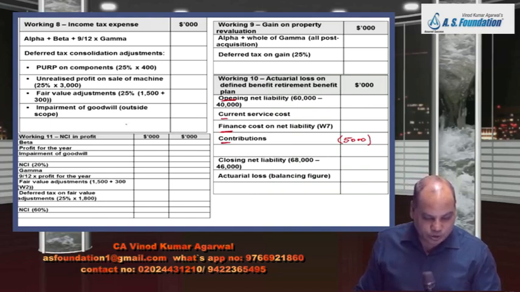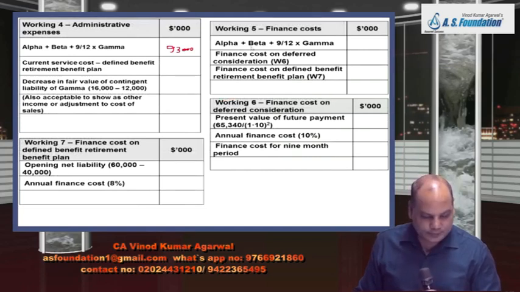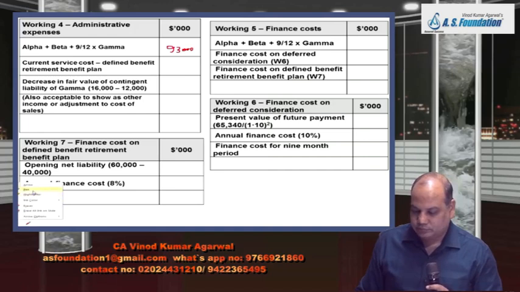After the contribution to retirement benefit plan, now come to finance cost. Working note 5. You again take the calculator. 20,000 plus 15,000 plus 9 by 12 of 12,000. How much?